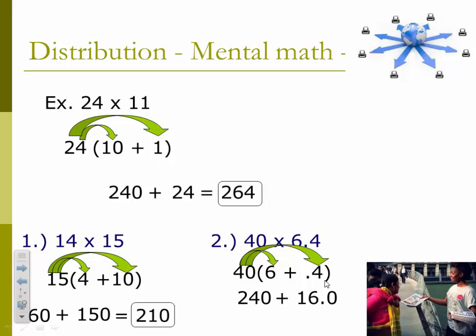Why is it one place? Because this is only one place over, so we move this one place over and we multiply. So again, 40 times 4 is 160, but there was a decimal, so we move that in. Do you need the decimal point in the 0? Not really. I put it there so I could show you. It's up to you. Combine these two guys and total of 256.